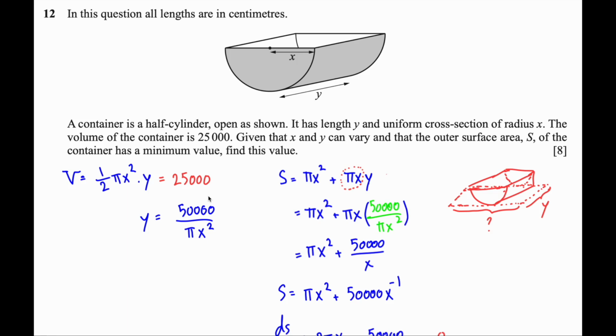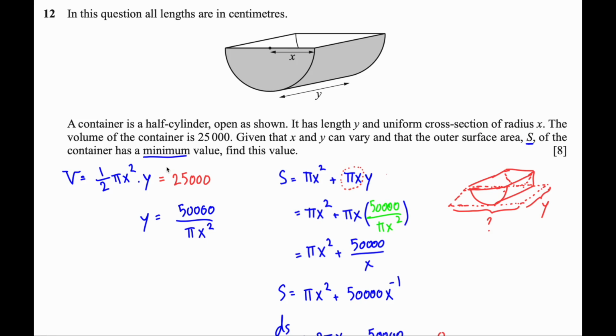The only thing we're given is the volume of the container, which is 25,000, and we're supposed to find the outer surface area, S, as mentioned in the question. Given that x and y can vary, we are asked to find the minimum value of the outer surface area. So this is obviously an optimization problem since we have to find the minimum value.